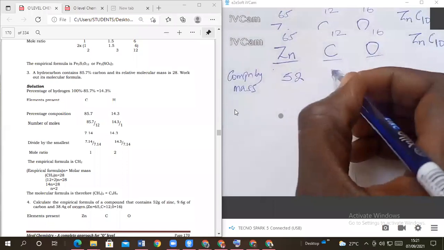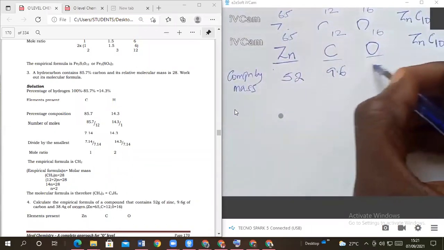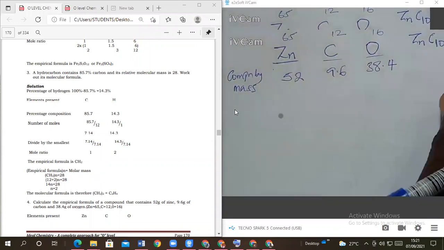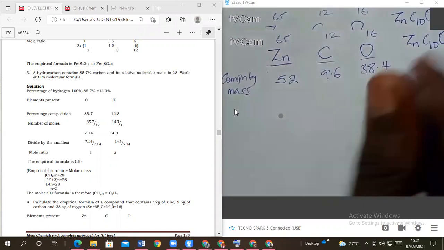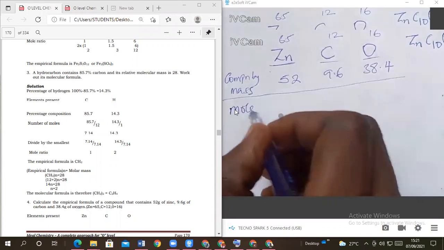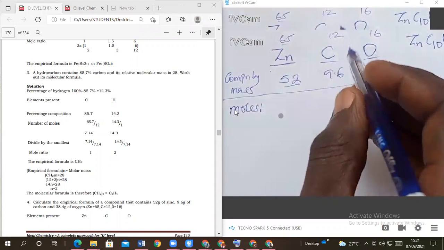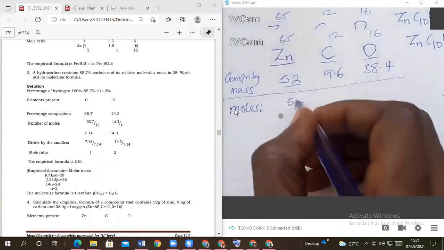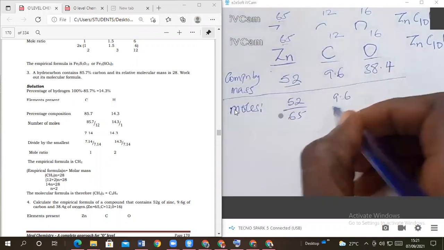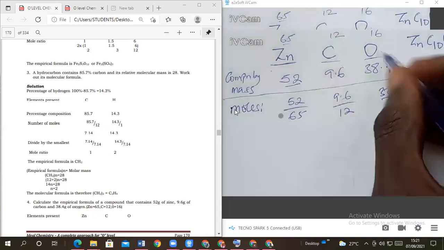The mass of carbon is 9.6. Oxygen is 38.4. Now, from this step, you go to determining the moles. To determine the moles, you divide by the relative atomic mass: 52 divided by 65, 9.6 divided by 12, 38.4 divided by 16.